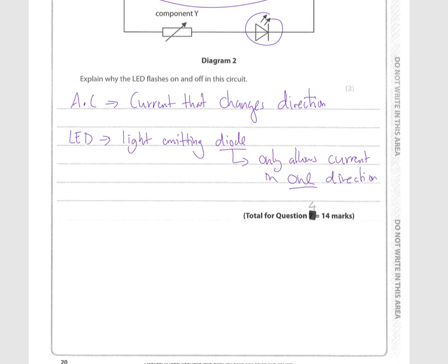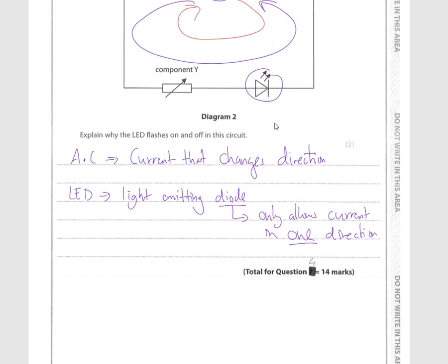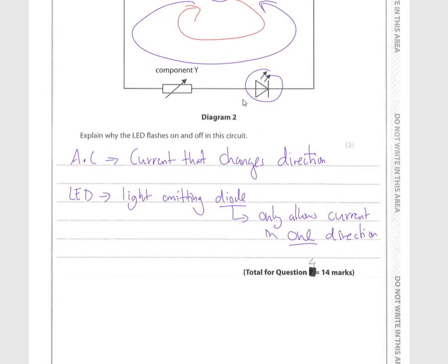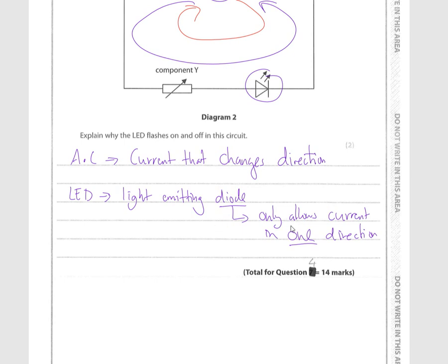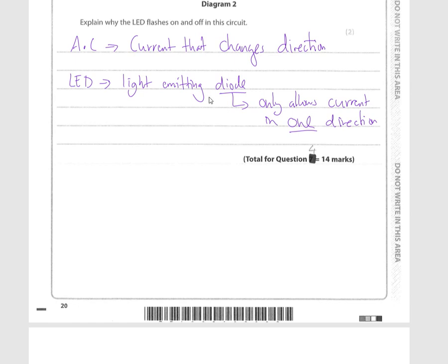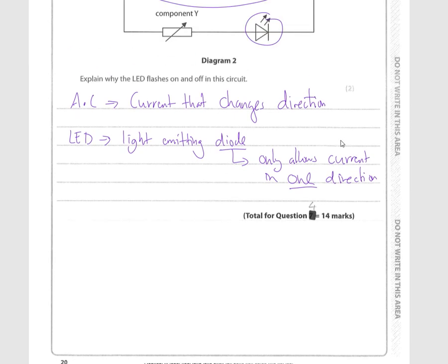Okay, so it means that if current is going the other way, then it will not light up. So that's why it's off. So the LED only lights up if the current flows in one direction. If the current flows in the other direction, it doesn't light up.